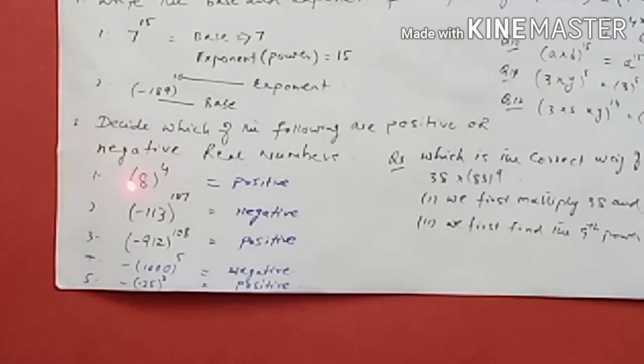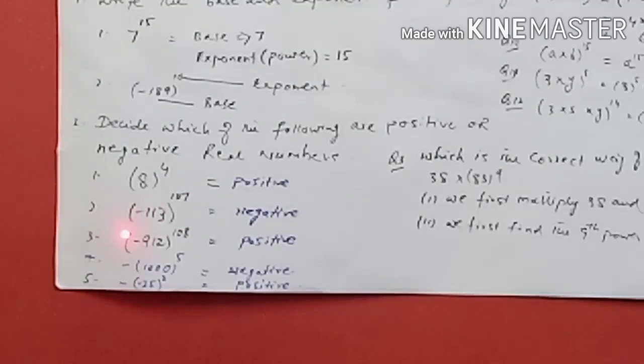Again, if 8 is raised to power 4, 8 is the base and 4 is the exponent. The exponent is either even or odd, but the term is positive, so the answer is always a positive real number. Now the number 2 question, minus 113 raised to power 107.